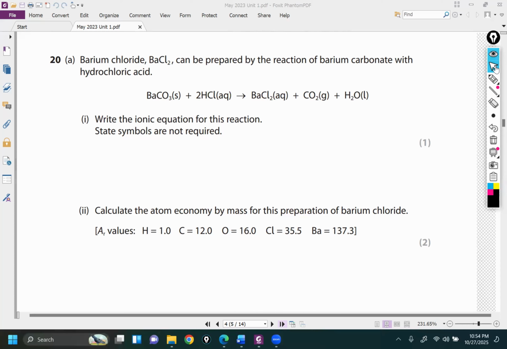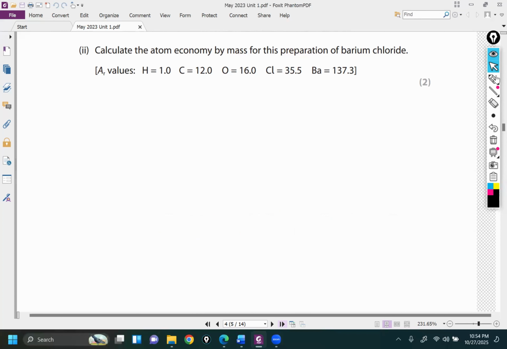In the next question, they are asking to calculate the atom economy by mass of this reaction, of this preparation of barium chloride. Atom economy, you must know the formula.